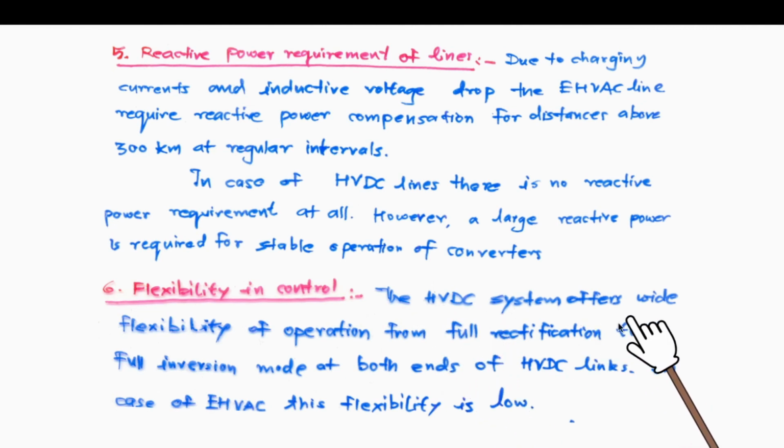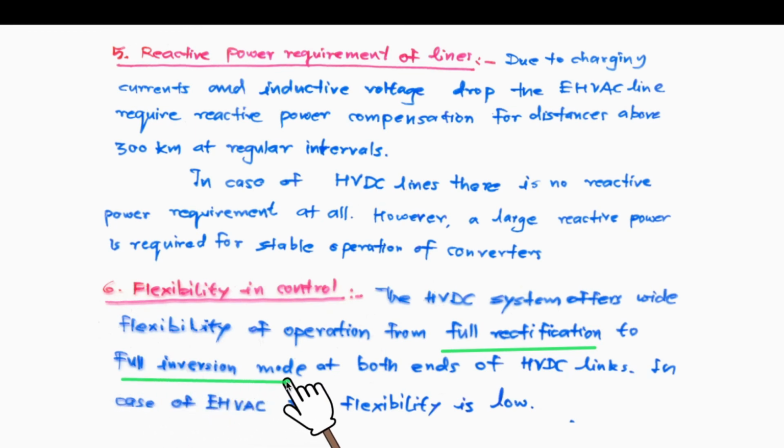The HVDC system offers wide flexibility of operation from full rectification to full inversion. By properly adjusting the firing angle and setting the operating conditions, it is possible to make the rectifier work as inverter or inverter work as a rectifier, and that too at both ends of the HVDC link.